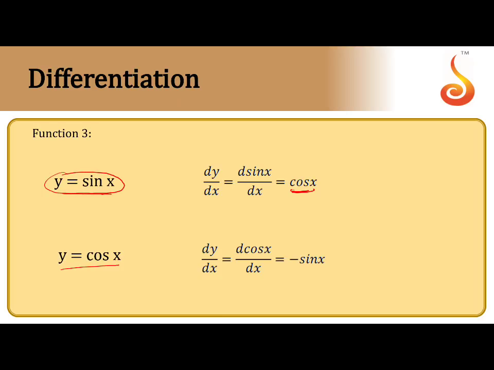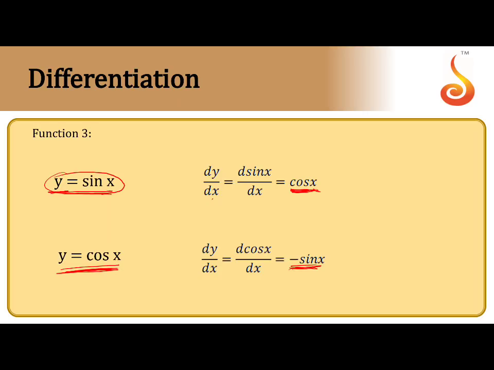Whenever the function y depends on x according to the relation y equals sin x, then dy by dx will be equal to cos x. If y equals cos x, then dy by dx will be equal to minus sin x. Understand? Differentiation of sin x gives you cos x. Differentiation of cos x will give you minus sin x.